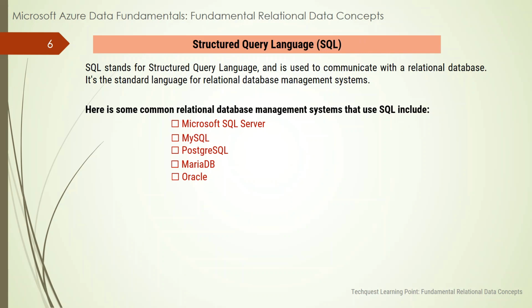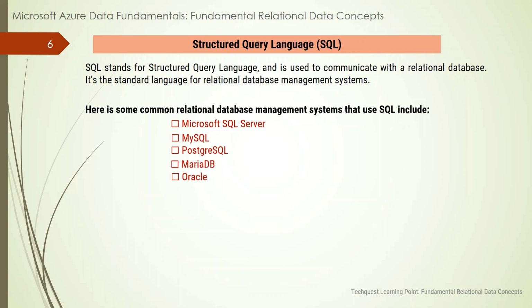Since then, the standard has been extended several times as relational database vendors have added new features to their systems. Additionally, most database vendors include their own proprietary extensions that are not part of the standard, which has resulted in a variety of dialects of SQL.